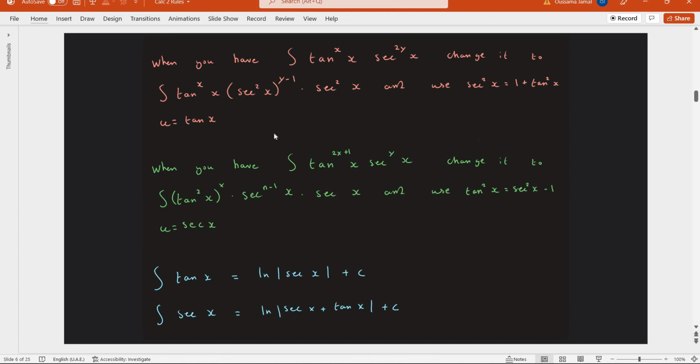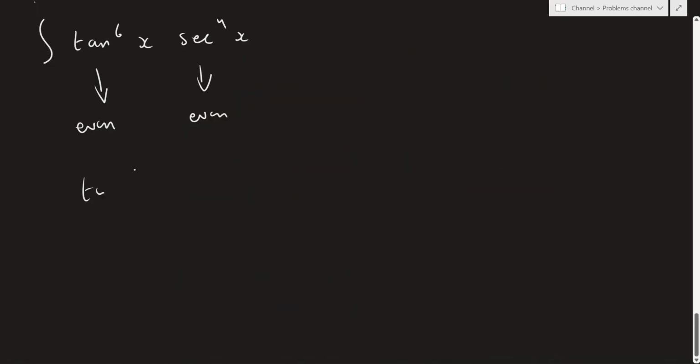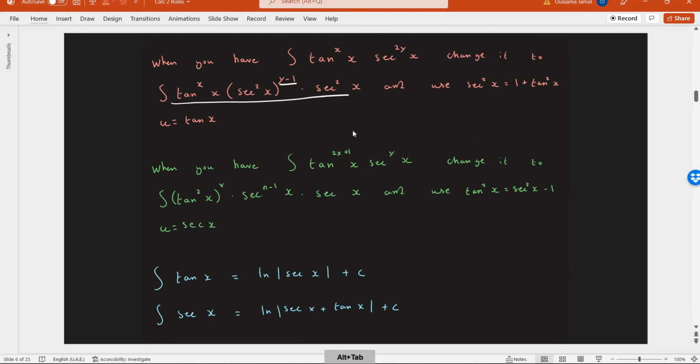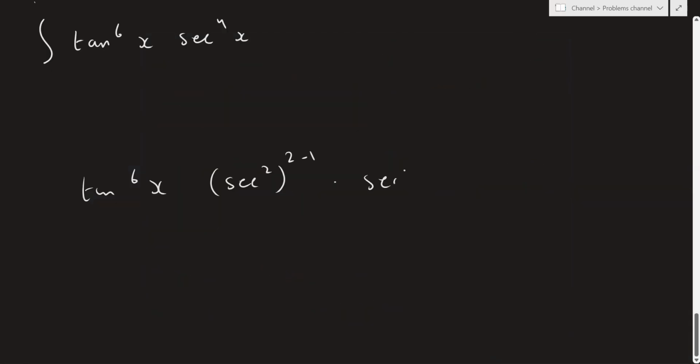Okay, so the first thing we'll do is we have to change it to this form, where it's tan power 6x secant squared power the rest, which in this case is 2 power 2, because 2 power 2 is 4, and then y minus 1. So 2 minus 1 times secant squared.